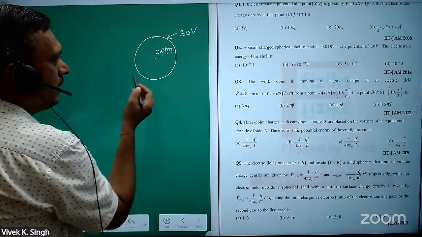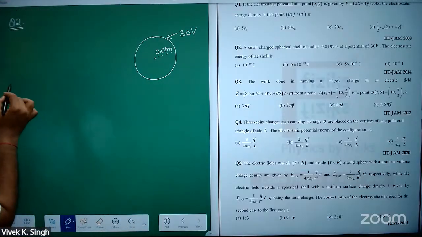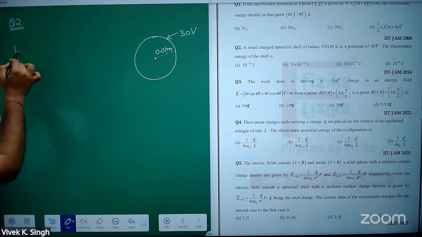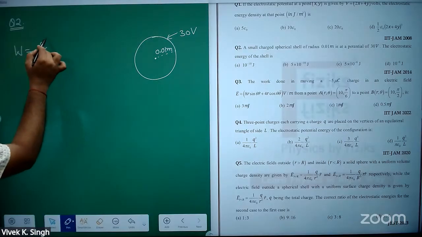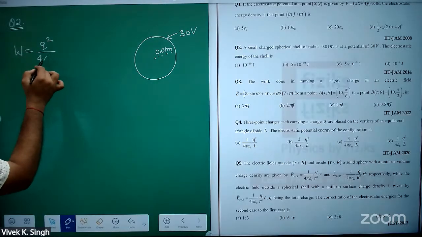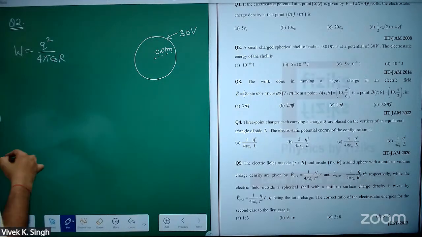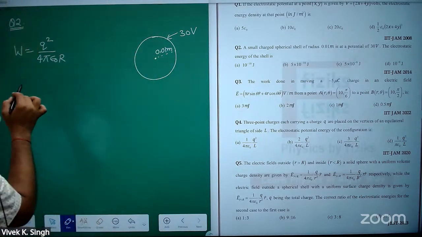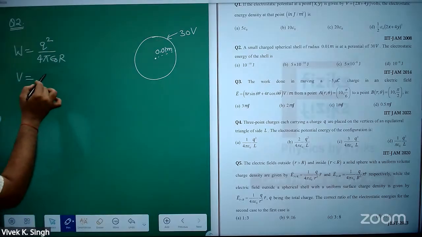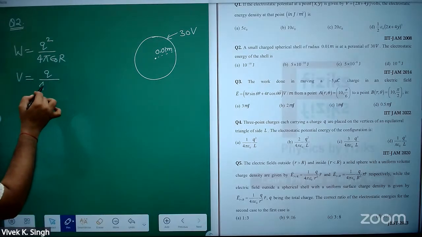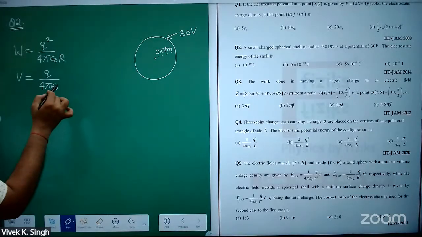The electrostatic energy of the shell: you know that electrostatic energy of a shell is Q square by 4 pi epsilon 0 R. But here potential is given. So what will be potential? Potential is Q by 4 pi epsilon 0 R.